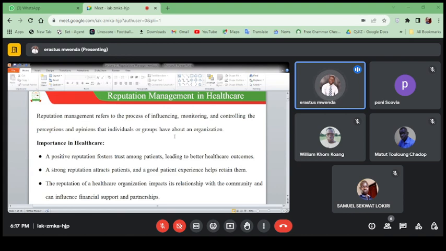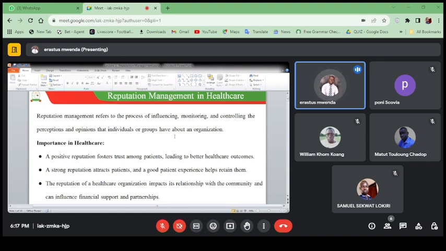And finally, last but not least, we could also say reputation management is going to impact on how the organization is going to be relating with the community. And also, once this happens, the organization could also invite financial support and partnerships, or what we call collaborations. So that's very, very important.